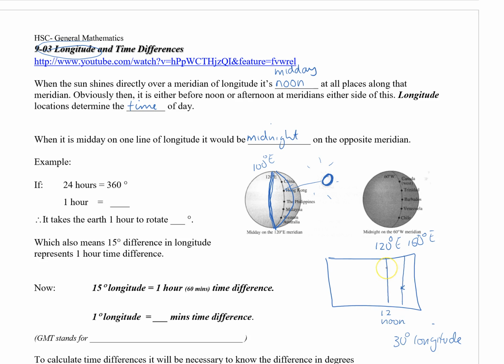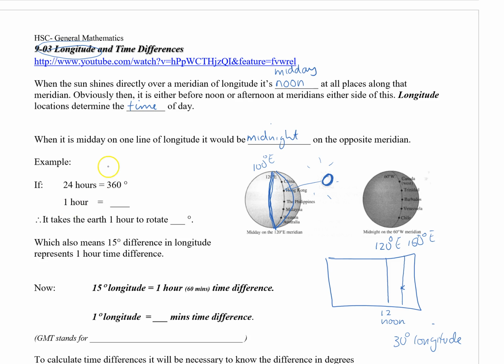We know that in 24 hours, the earth revolves through a full 360 degrees, because from noon one day to noon the next day is 24 hours, and that's a complete rotation of 360 degrees.